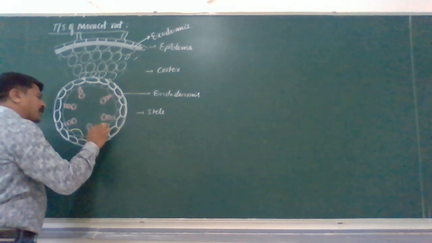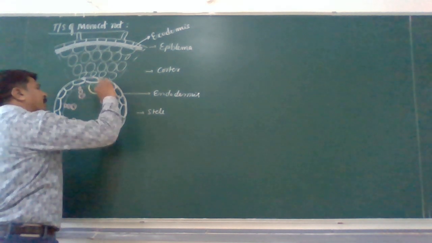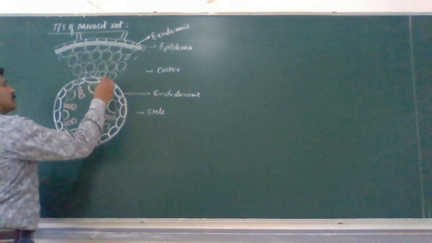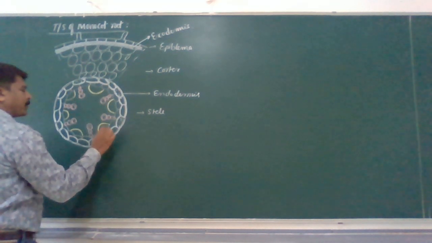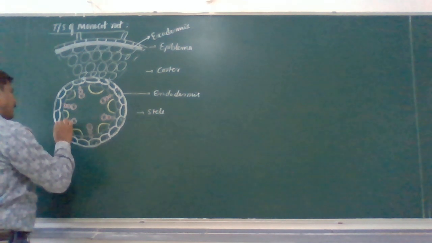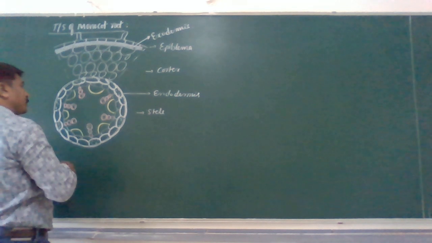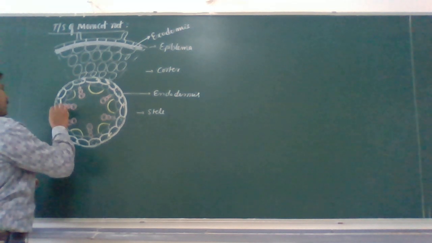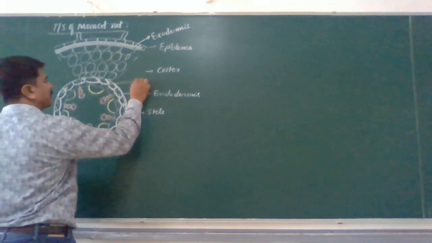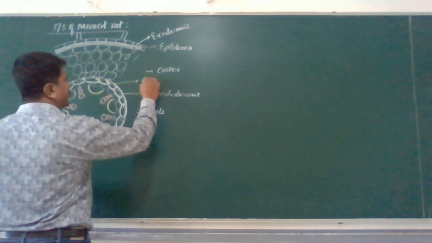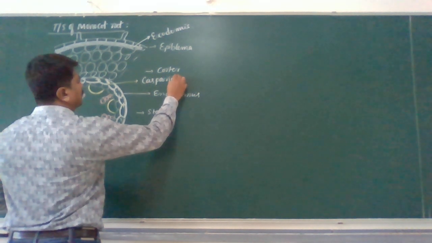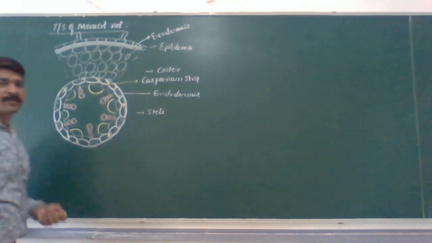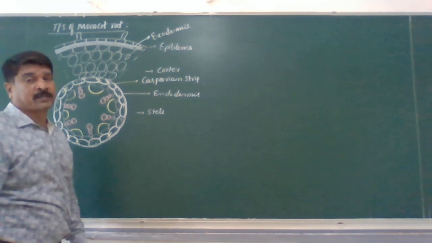Endodermal cells are thickened on radial and tangential walls due to the deposition of lignin and suberin. Such thickenings are called Casparian thickenings or Casparian bands, also called Casparian strips. Got it?